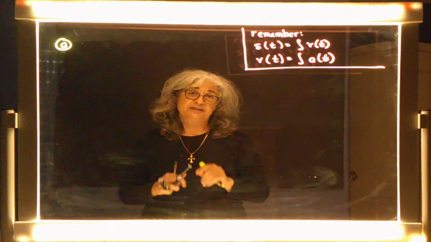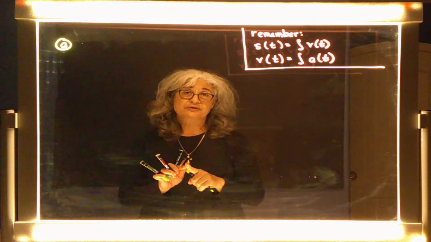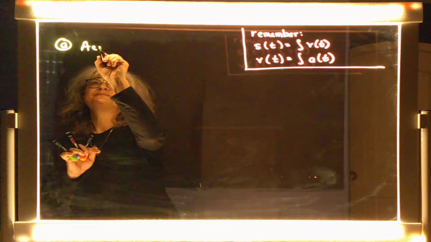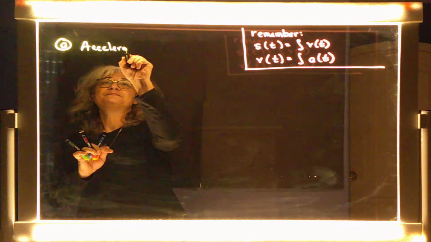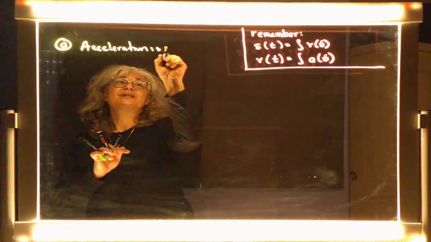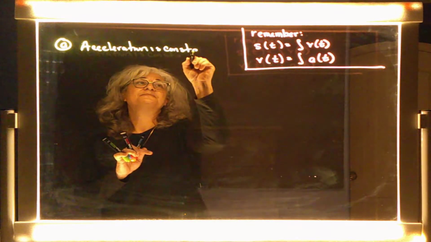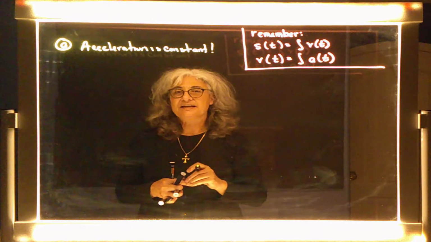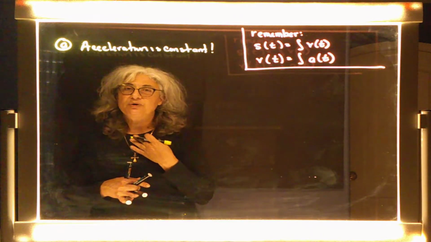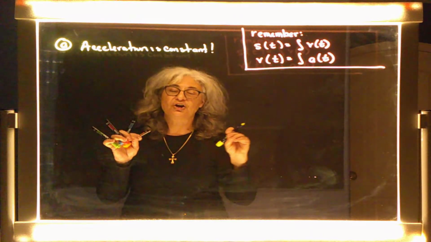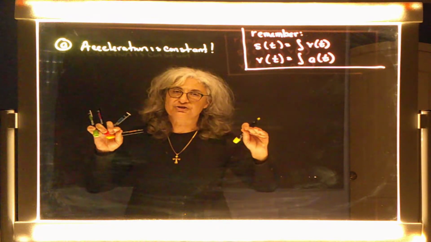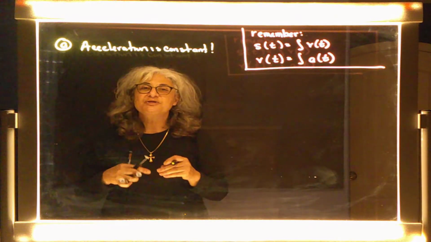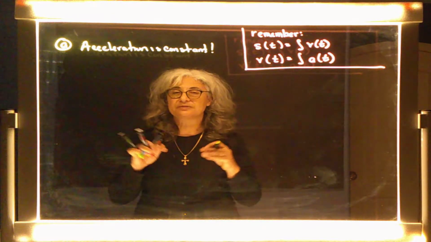Well, a couple of things. First and foremost, they told us the acceleration is constant, right? That's a good thing. The next thing is we know that based upon what we've done before, acceleration being constant means it's a linear problem that we have going on, which means we're kind of finding a slope.